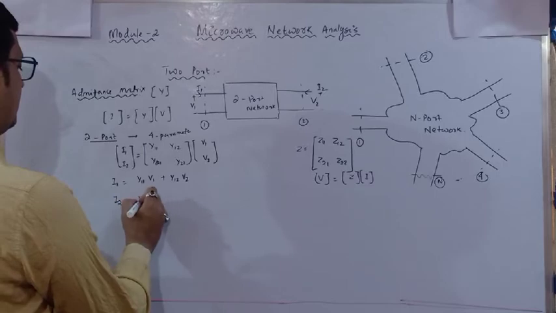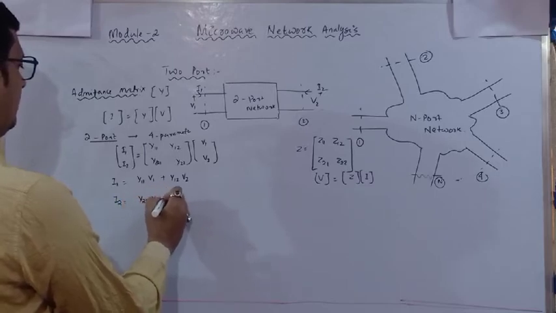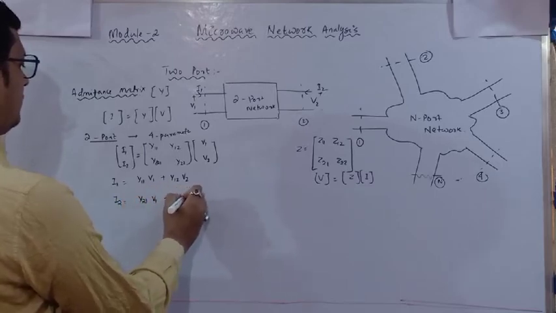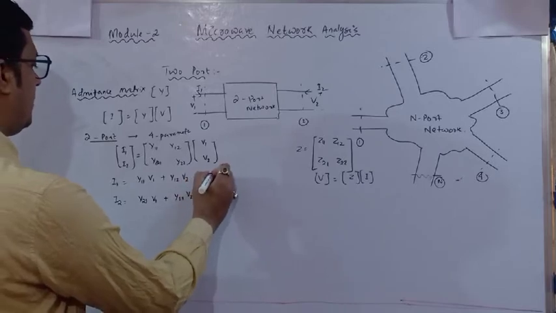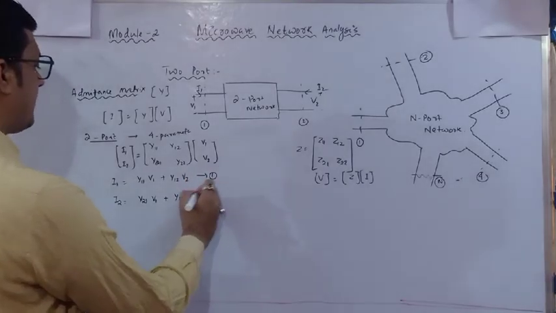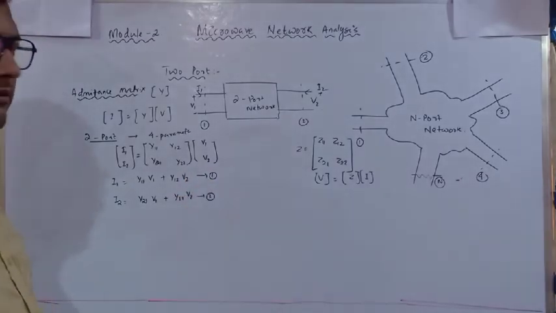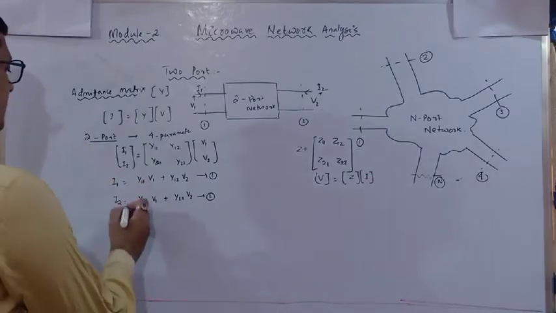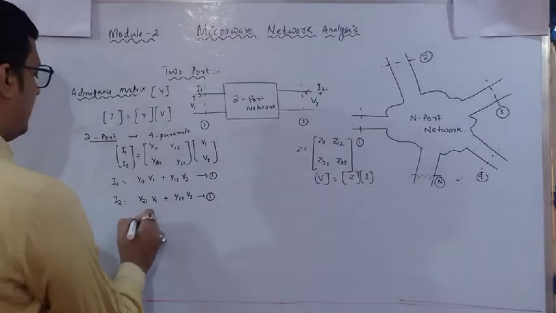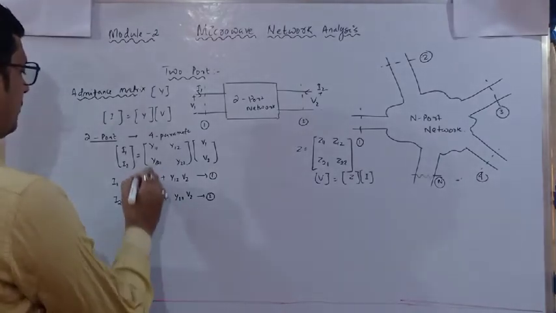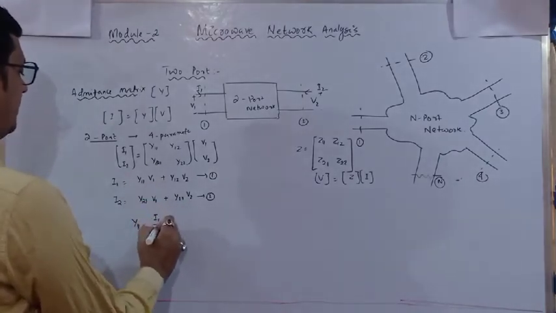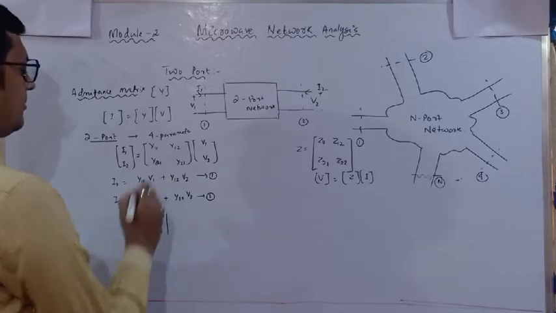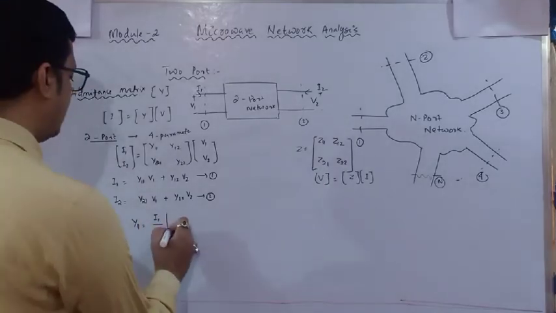I2 equals Y21 V1 plus Y22 V2. So these are the two equations. Now from these two equations we are going to determine Y11. Y11 means I1 by V1, making V2 as 0.